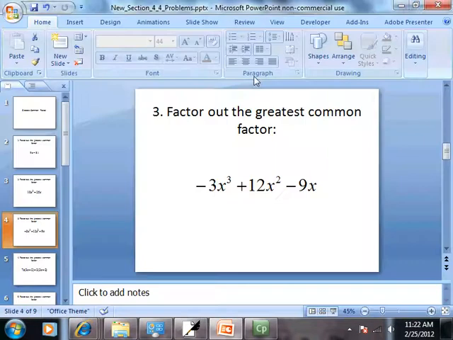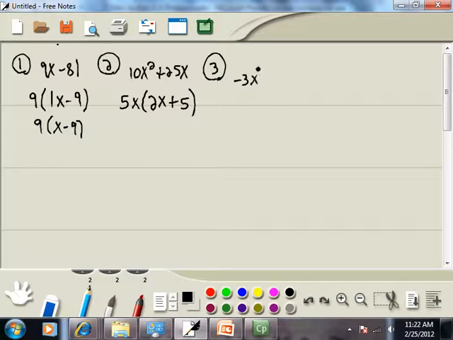This one we got negative 3x to the third plus 12x squared minus 9x. And we're going to have a note, and this note applies to the GCF.